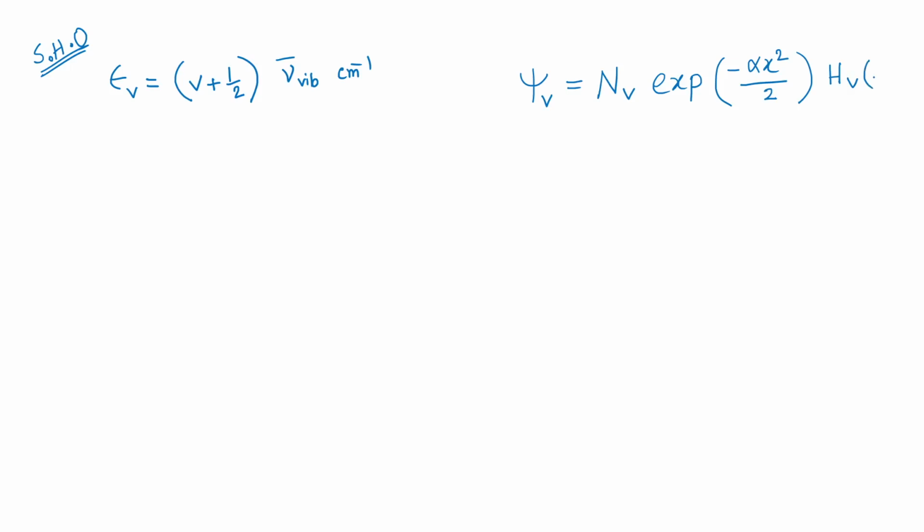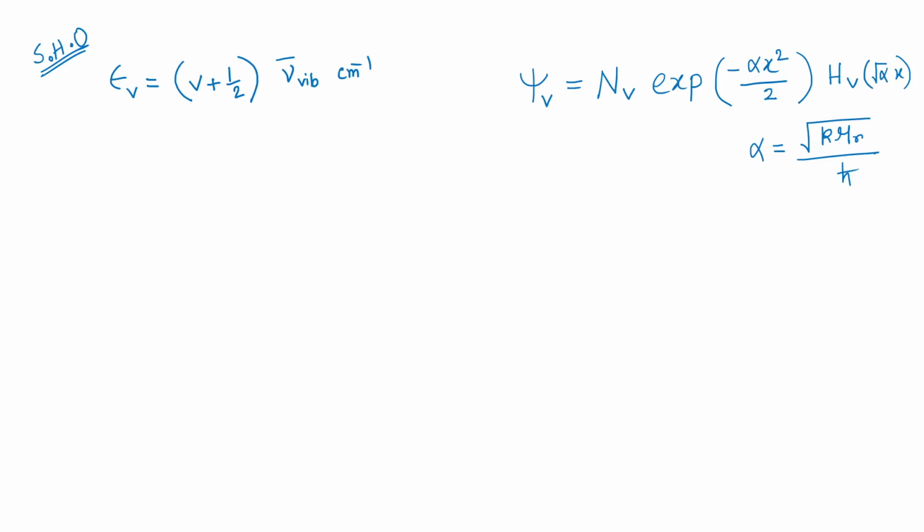Dependent on not x but root over alpha x, and alpha is also dependent on your force constant. Similarly here the reduced mass is going to be there, mu, the reduced mass, and your reduced Planck constant.